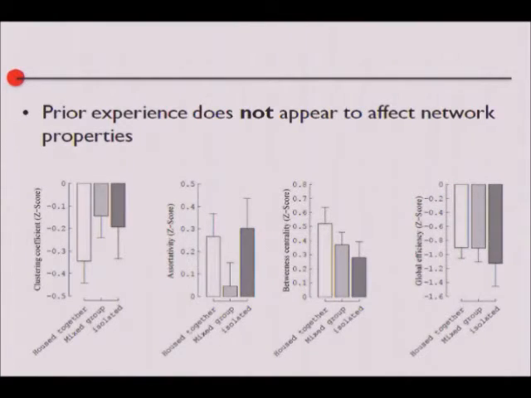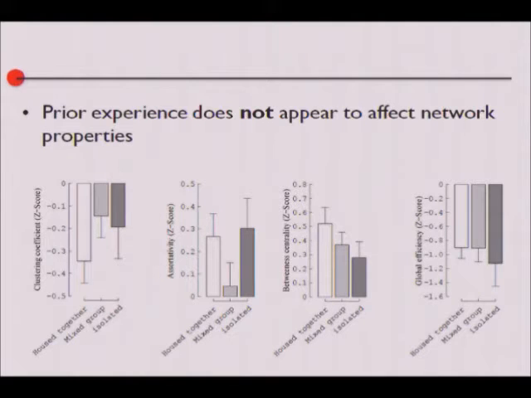The last point I want to make is that we did experiments to control for previous experience. And what that means is we looked at flies who were housed together before the experiment and compared them to flies who had been isolated as adults before the experiment and compared those to flies who had been drawn from different groups, housed together with other flies but strangers to one another. And what we saw there was essentially no difference. And that's also very interesting.